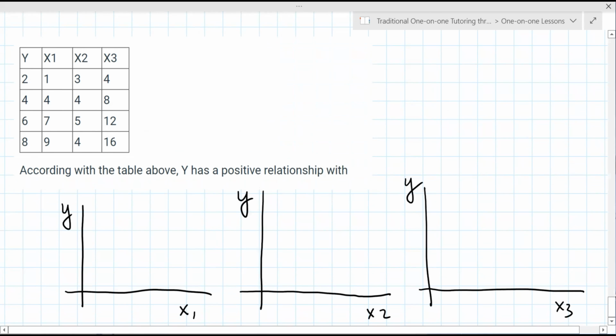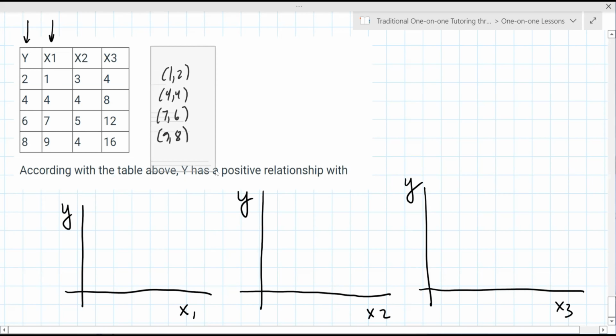All right, so now you just try and graph these as best you can. If you need to, you can remake the ordered pairs. When you're looking at these two columns, your ordered pairs are (1, 2), (4, 4), (7, 6), (9, 8). It's really confusing when y is there.